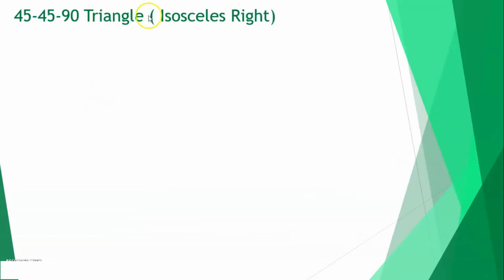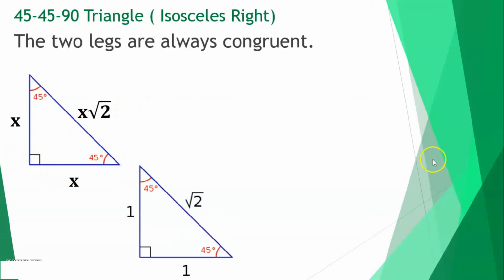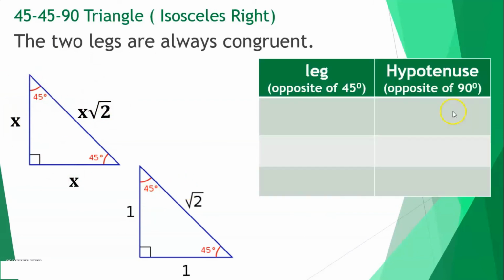Okay, another. Isosceles right, or 45-45-90 triangle, is another special right triangle. In here, the two angles are equal, so it follows that the two legs are equal as well. The equal legs are x, so to get the hypotenuse, that's x square root of 2.